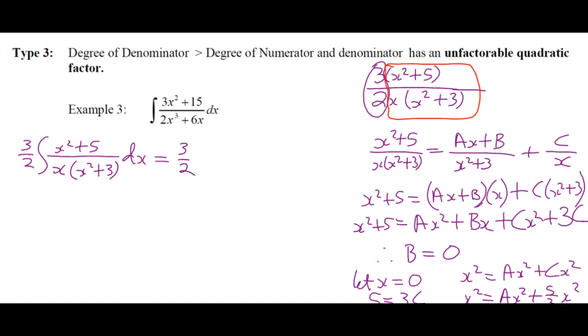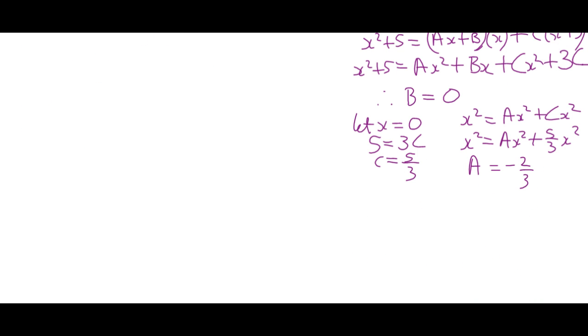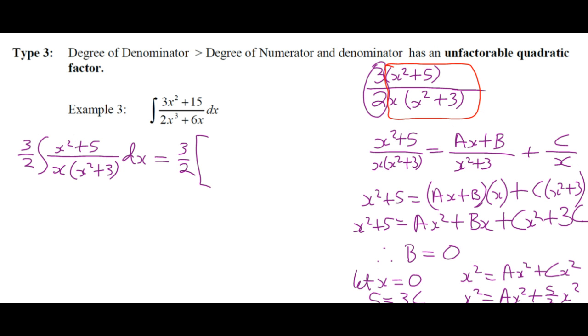So it's going to be 3/2 times, okay, so what do we got? We got c is 5/3, right? So this guy here is 5 over 3x. But 5 over 3 is a constant. So let's go 5/3 times the integral of 1 over x dx.